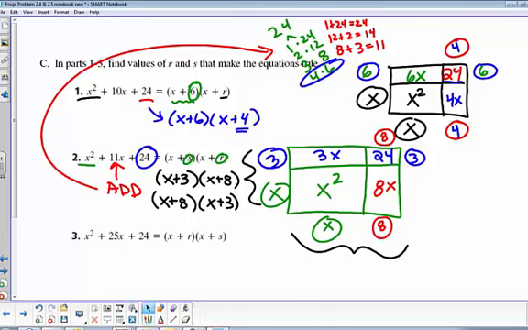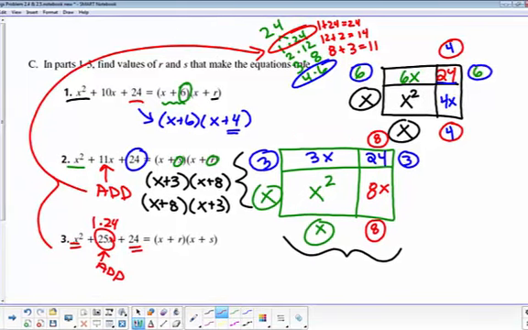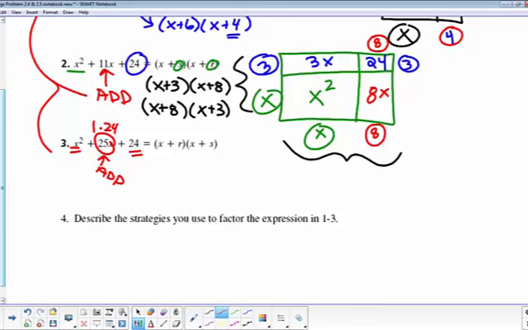And our last one is that same 24 and that same x squared. This time, again, I need to add to get 25. If I follow my path, I already did the work, and I know that 1 times 24 gives me 25. So if I make my box, here's my 24.